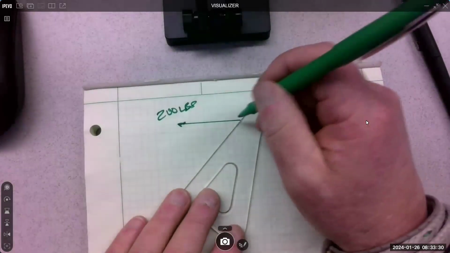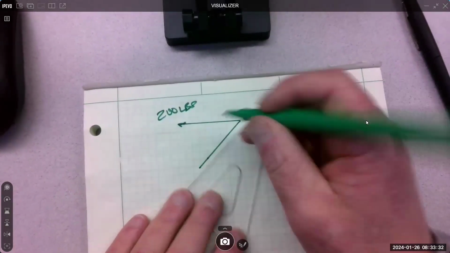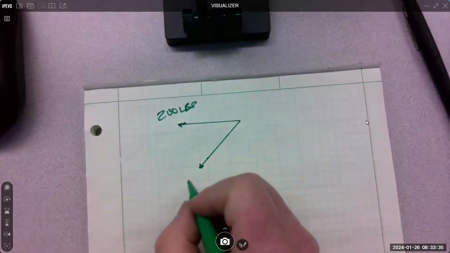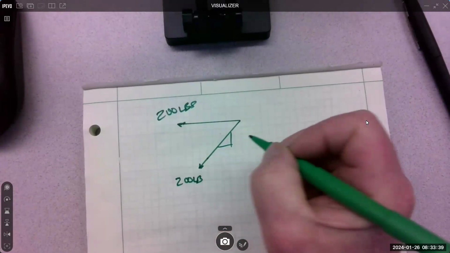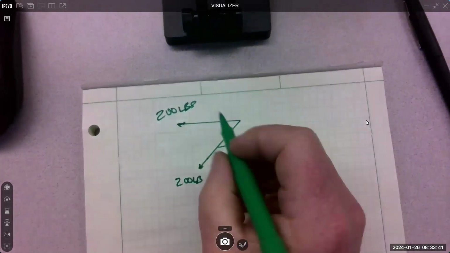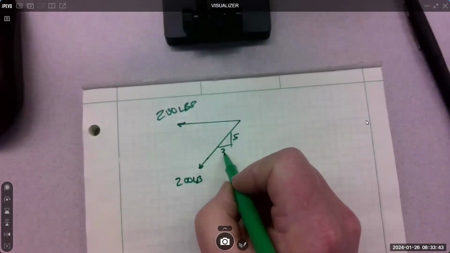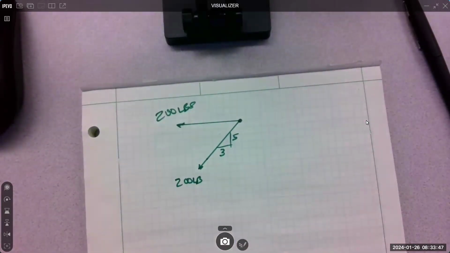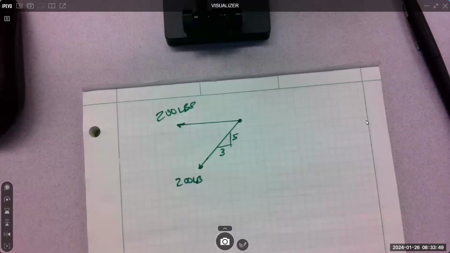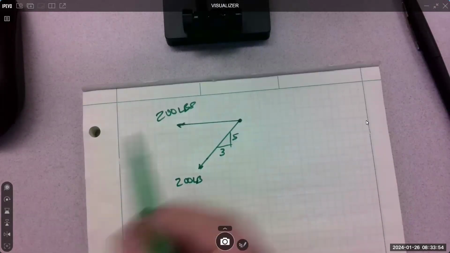We have 200 pounds going this way, and we have 200 pounds at some angle. Correct? This is the right problem. And then we're given rise and run again of 5 and 3 for our slope. And they want to know the resultant. One part of the rope is horizontal, so they're telling us that's horizontal.